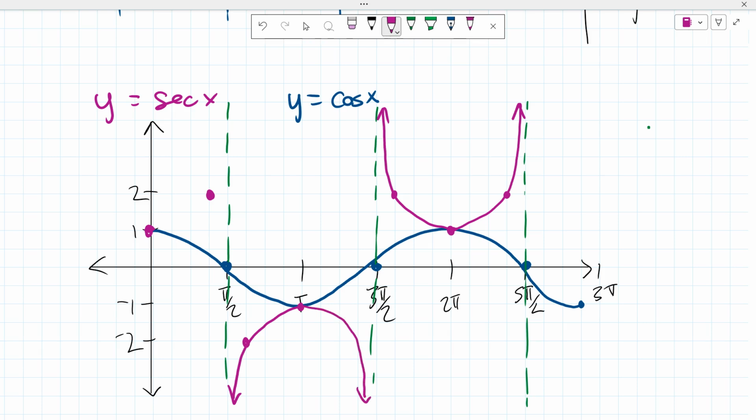Okay, so they look kind of like that. So don't graph half of a parabola. So for cosine, you're going to have to work over a little bit.